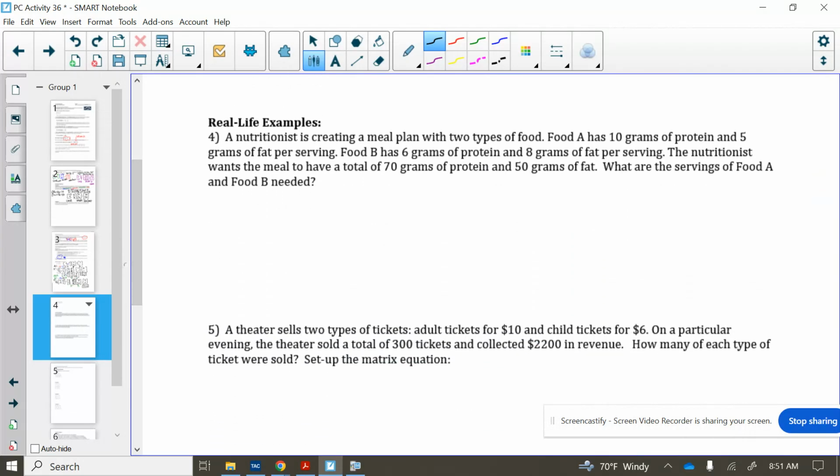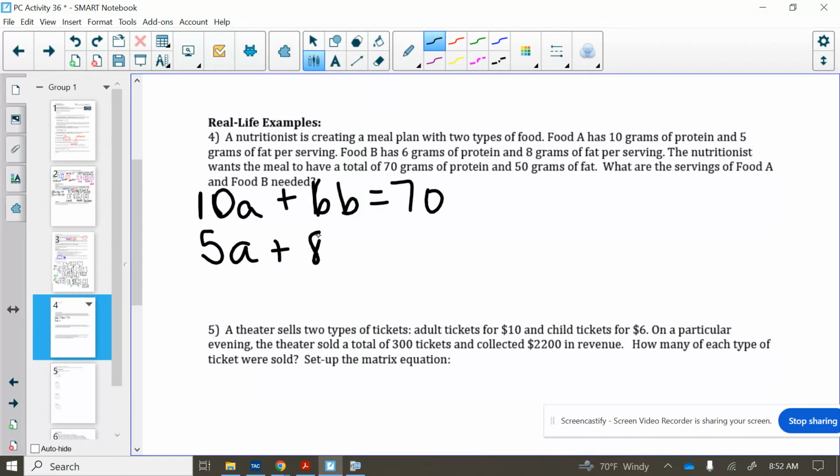All right, now yesterday we talked about some of these real life examples where if we have food A, which has 10 grams of protein and 5 grams of fat, and food B with 6 grams of protein, 8 grams of fat, and we want our meal to have a total of 70 grams of protein and 50 grams of fat, we chatted yesterday that we can take the protein, food A, times food B's protein, that totaled 70 grams, and then we had food A's fat, food B's fat, and we want only 50 grams total.